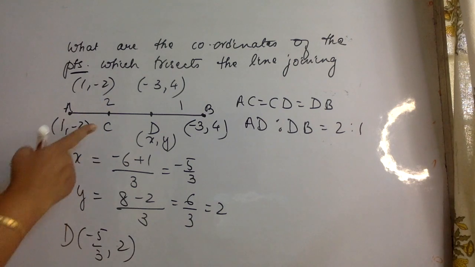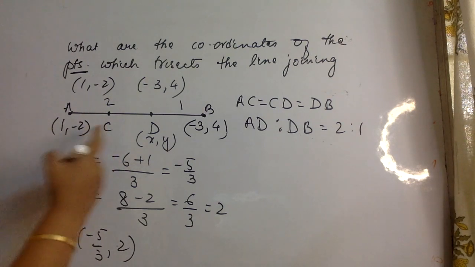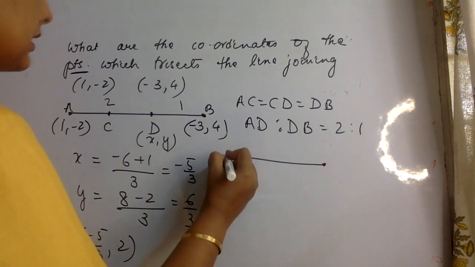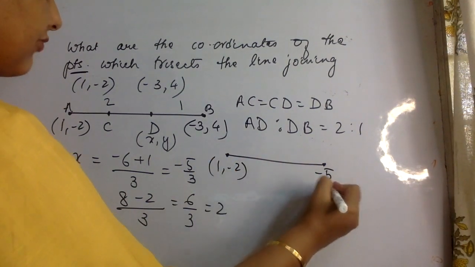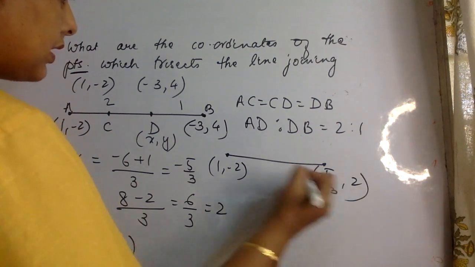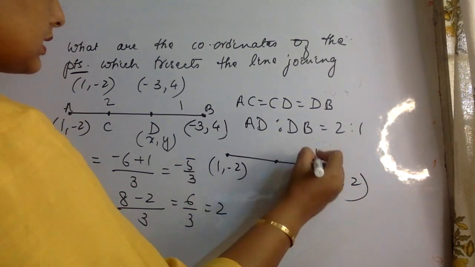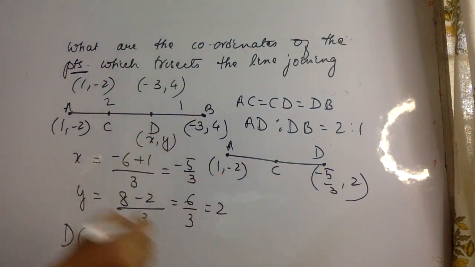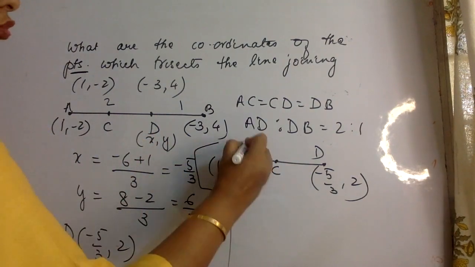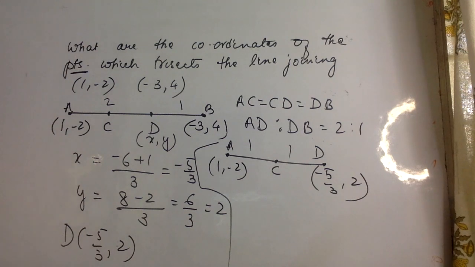Now we are going to find C. So what we are going to do, it is now one simple line like this. This has become even simpler now. This is minus 5 by 3 and 2. Okay, now we are trying to find, this is D, this is A, and we are trying to find C. Now the ratio is 1:1, right?